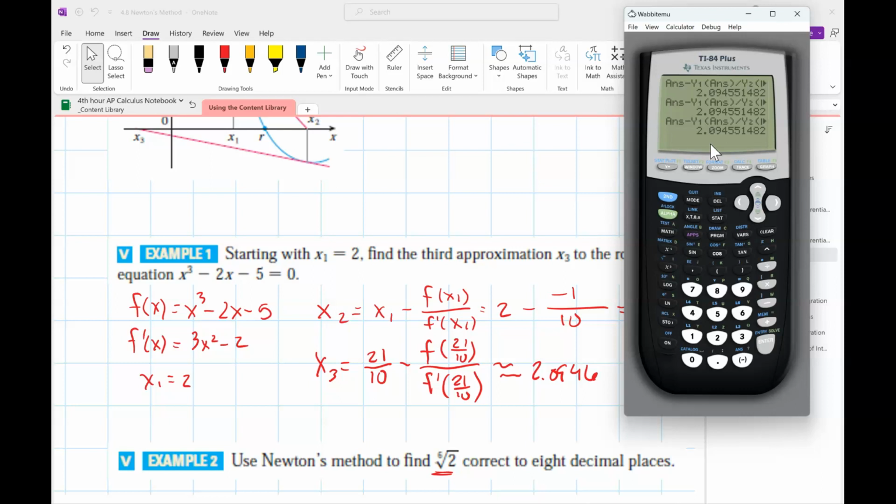Yeah, Prater. Stopped at the one right before the 2.09. Yeah, that's what I had. So I don't know. I pressed enter like... Oh, okay. You got a different answer. I suspect you fat-fingered something up here.